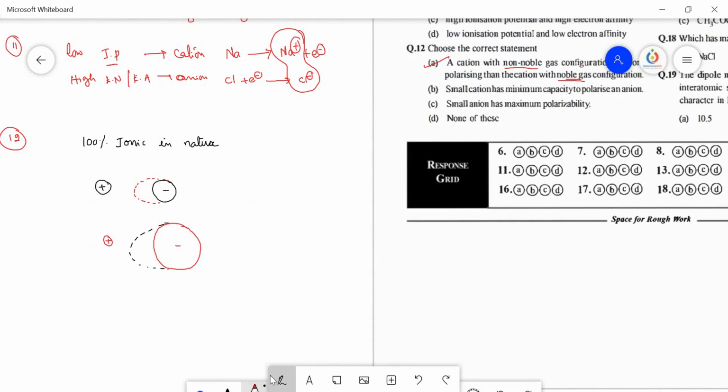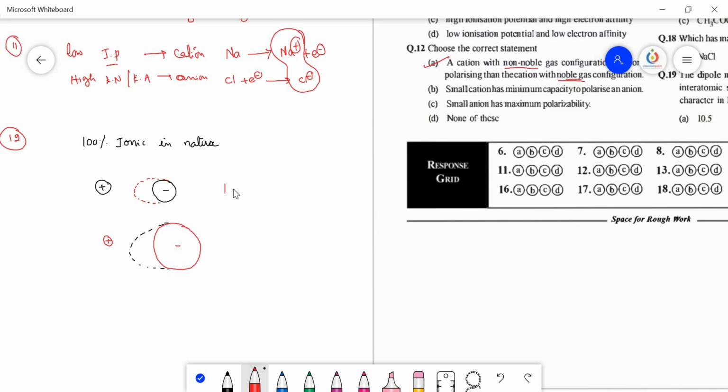I will take one more example to explain this content. You just see here. I will take NaCl. Here Na+ and Cl-. Na+ is with the noble gas configuration because of 10 electrons. And if you take FeCl3, iron is in the +3 oxidation state, which is a non-noble gas configuration. So that iron is ready to attract more electrons towards its side, so it makes more electron density locate between the positively charged iron and negatively charged chloride ion.